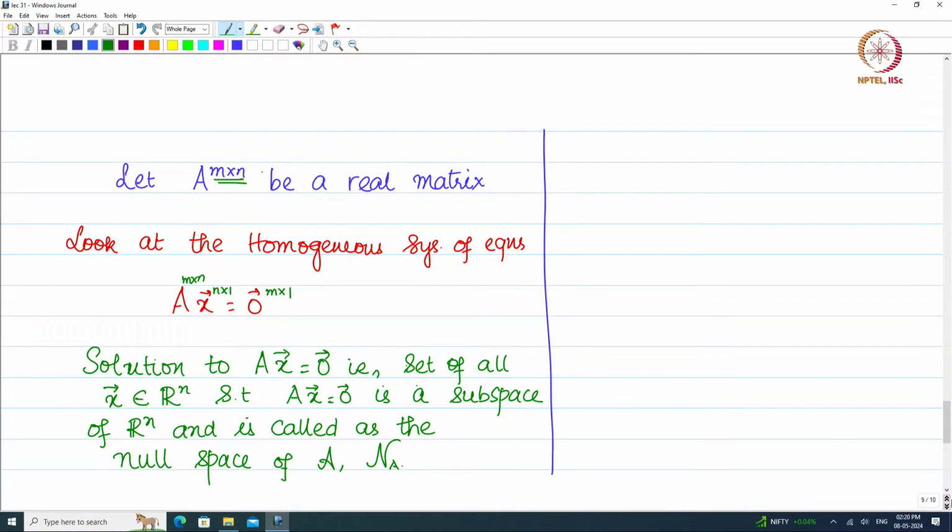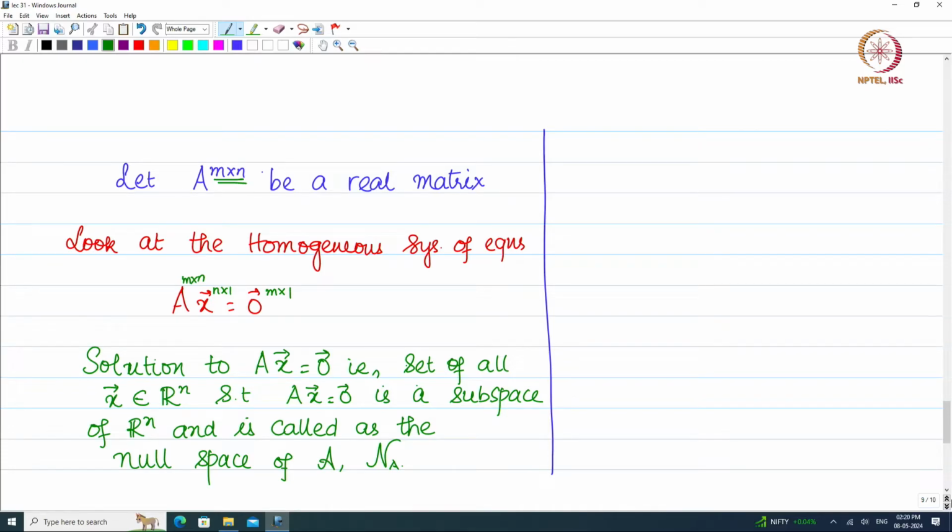The null space is the set of n component vectors which get mapped to the m component 0 vector, and therefore the null space is a subspace of Rn.